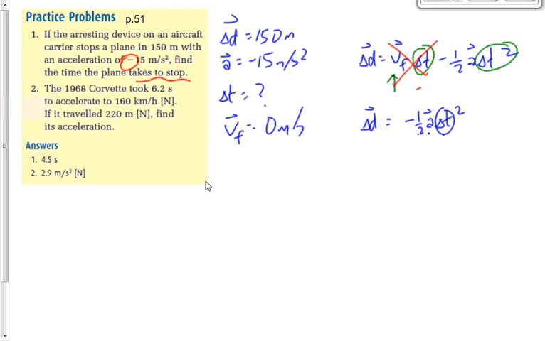How do I get rid of it? Divide. If we want to get rid of something that's multiplied, then we divide it. So let's take the whole thing, negative 1/2 A, over the other side by dividing. D over negative 1/2 A equals T squared.